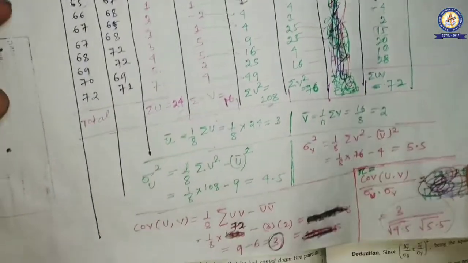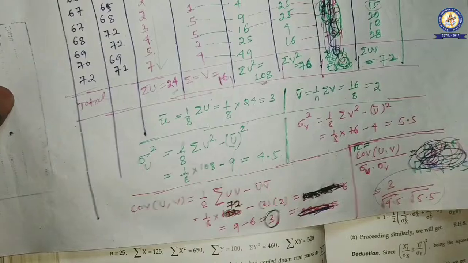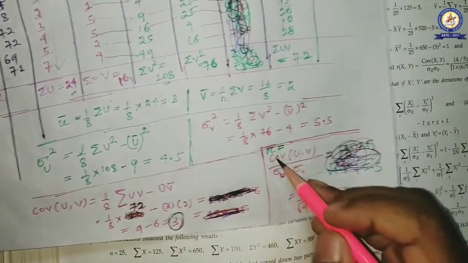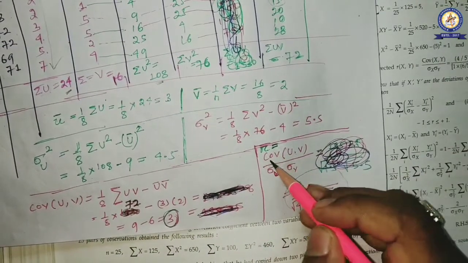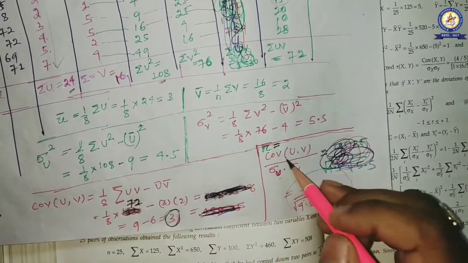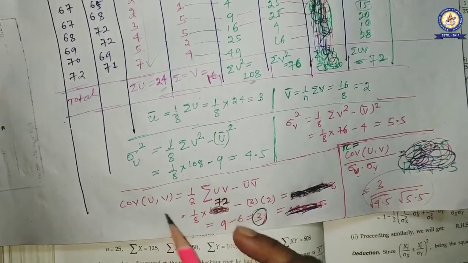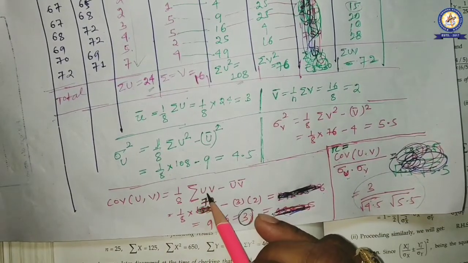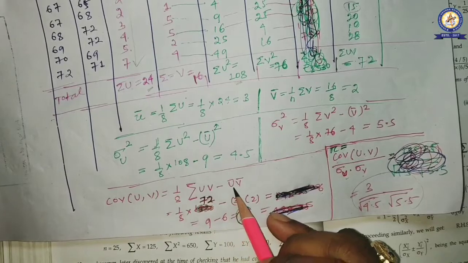Now we are going to go for the covariance and correlation coefficient. Correlation coefficient r is covariance of uv divided by standard deviation of u into standard deviation of v. For the covariance of uv we need sum of uv by n minus u mean into v mean.